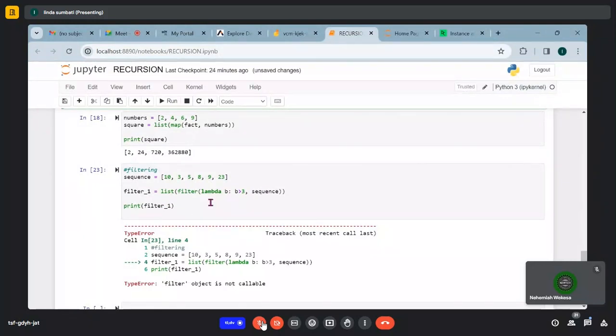I don't see any problem because this is the sequence, then the filter lambda b, then the argument, then the list. We need to print list also here. No, you remove it there. Here?